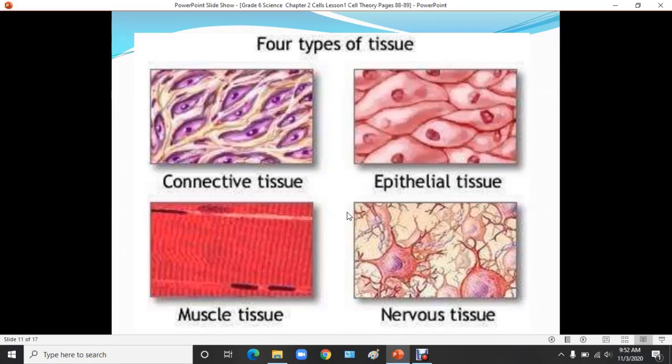Nerve tissue carries messages throughout the body, whereas examples of epithelial tissue include the outer layer of our skin cells and the cells lining the digestive system.